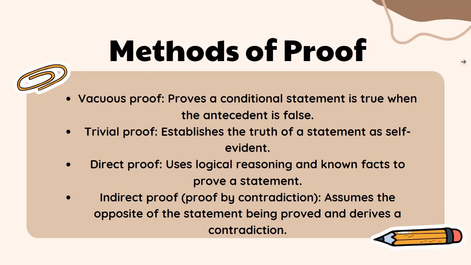And the direct proof is basically it uses logical reasoning and established known theorems and facts to actually prove a particular statement, right? And indirect proof is basically the opposite of direct proof, where proving the opposite of this particular statement is true. Therefore, the original statement, the not opposite statement, is true, if that makes sense, right?